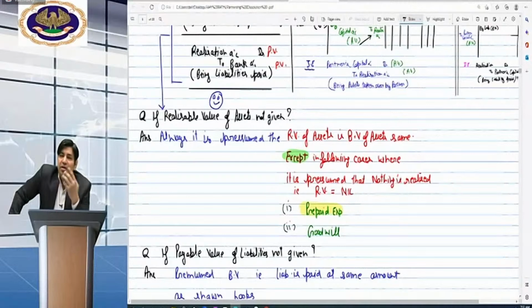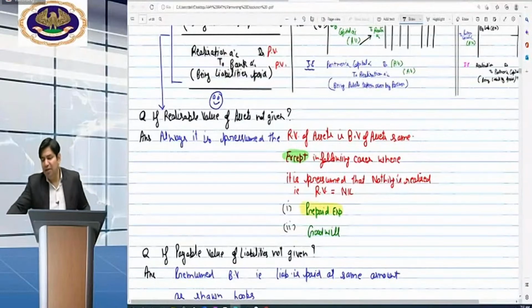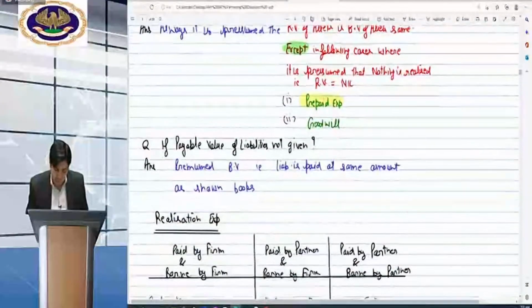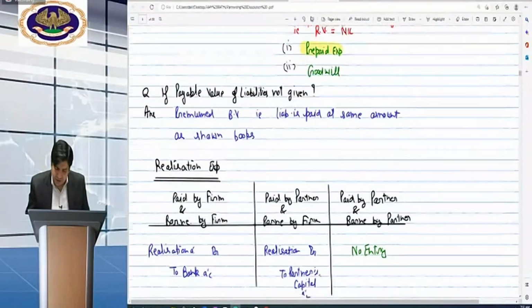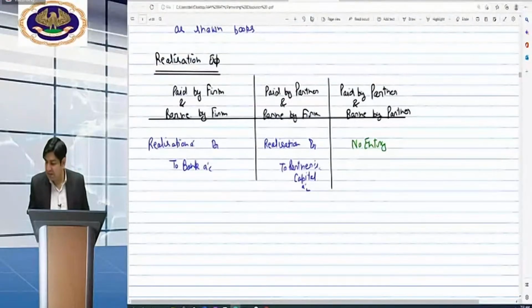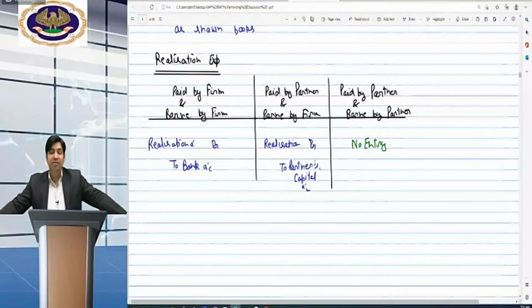No. If the firm has worth in its goodwill, then the firm is not being closed. So in the exam, we have to presume that these are nil value. Already discussed the payable value and the last discussion about the concept, and then we will move to the question.